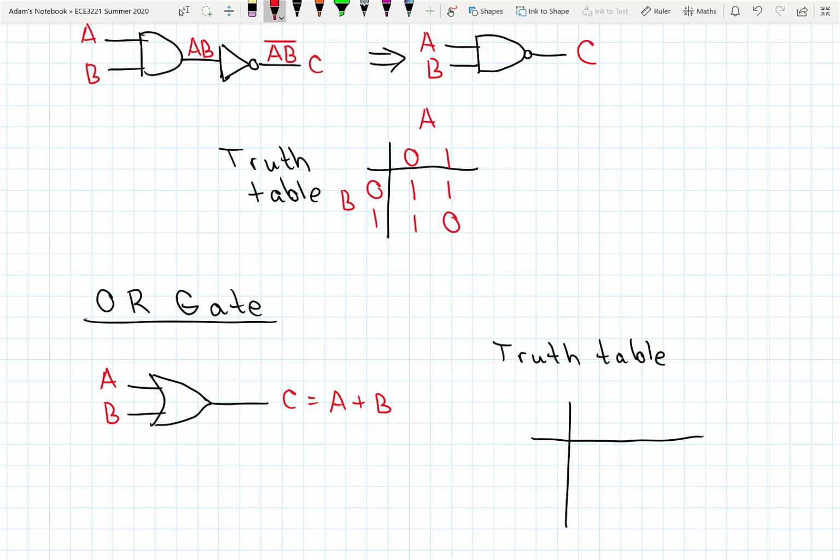If A is high or B is high, we will get a high on the output. The only case in this truth table where we get a low is when neither one is high. If A is high, we get a 1. If B is high, we get a 1. If they're both high, we get a 1.